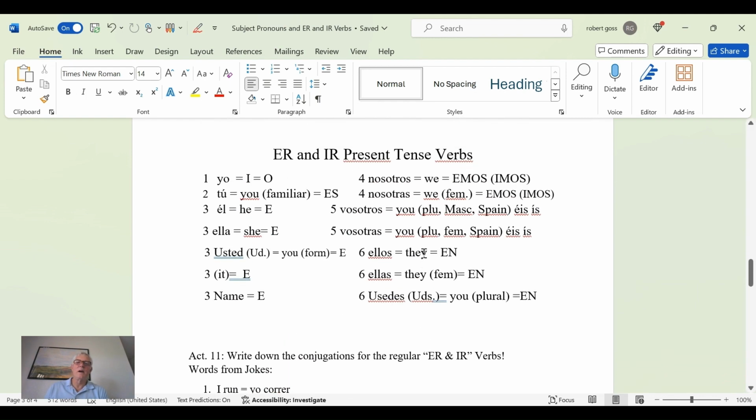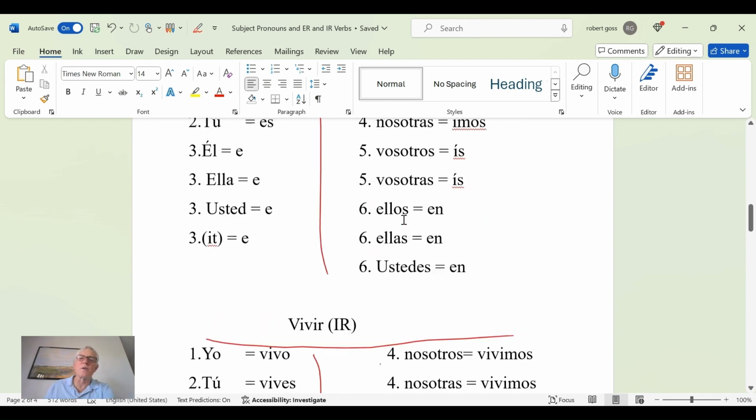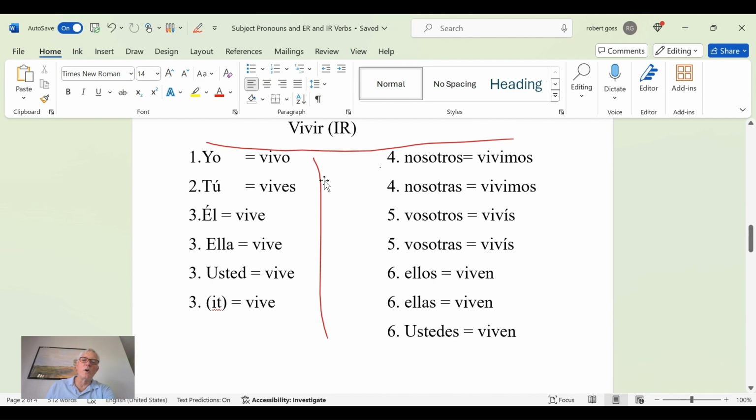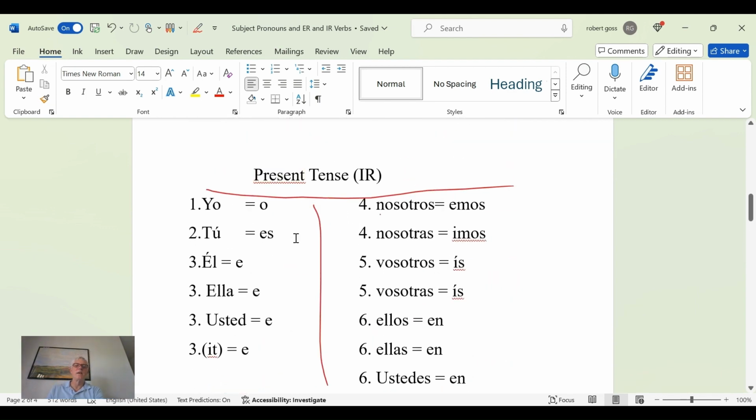Well, the IR verbs are almost the same as the ER verbs. There's only one difference. The O is still going to be O. Tú would be ES. Él, ella, usted would be the E ending. All that's exactly the same as the ER verbs. Now, here's where the difference is. If we have nosotros, it would be IMOS, nosotras, IMOS, vosotros in Spain, ÍS, and vosotras in Spain would be ÍS.